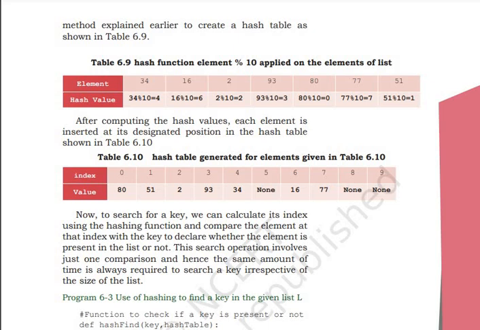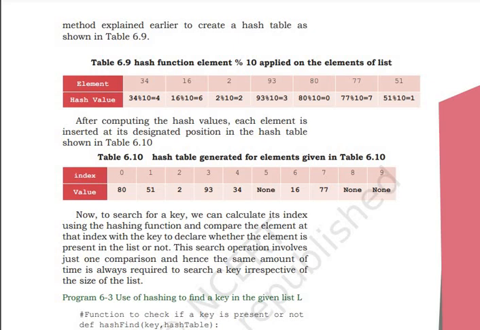For example, I am searching for 34. 34 mod 10 is 4, so search the element at index 4 only. In the table at index 4, the element is 34 and we are searching for 34, so the element is found.